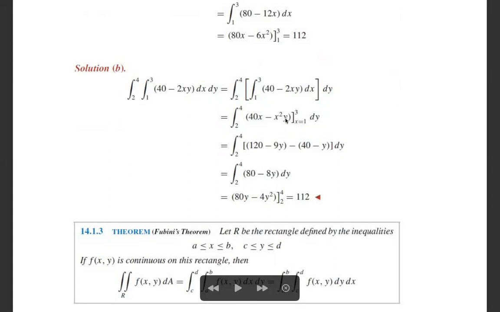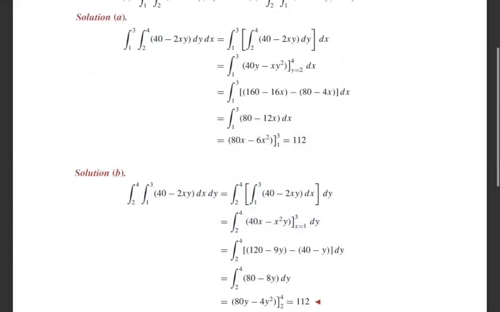So x square y from 1 to 3 dy, equal to upper limit, 120 minus 9y, minus lower limit 40 minus y, which is equal to 80 minus 8y dy. Integration from 2 to 4. Integral of 80 is 80y minus 8y square by 2, equal to 4y square, from 2 to 4. Again, the answer is equal to 112.